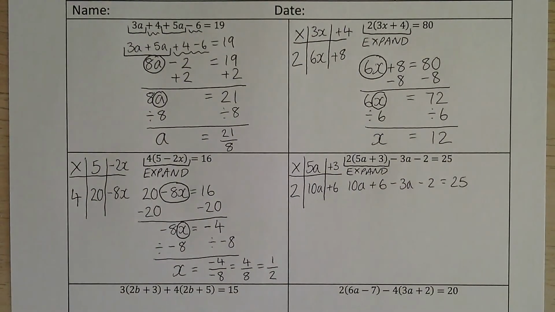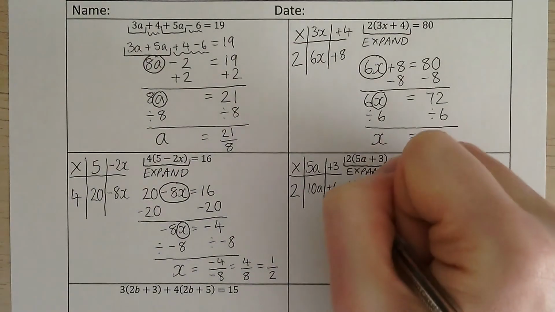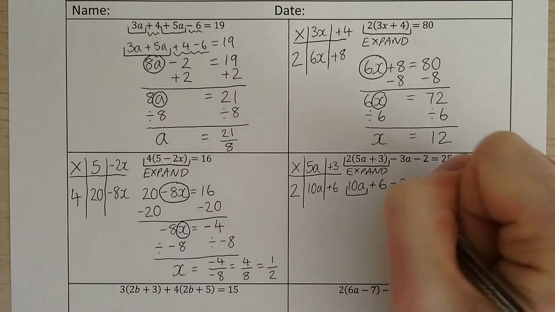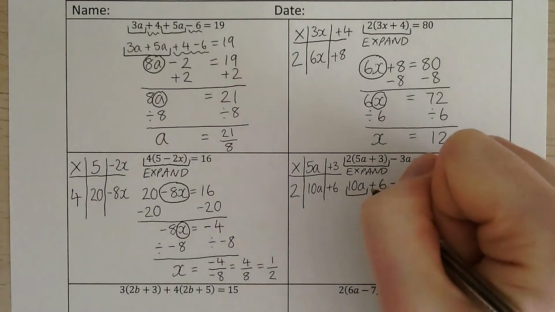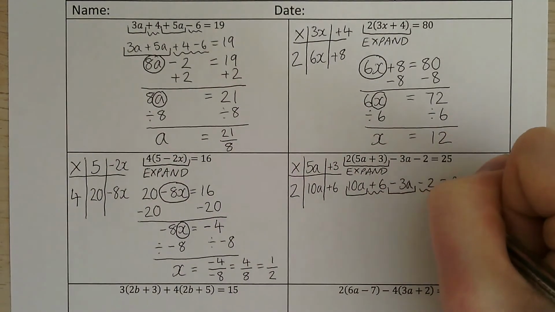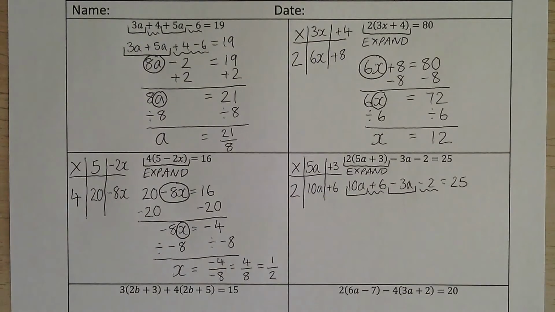I now need to collect like terms on the left hand side of this equation. So 10a and minus 3a can be collected together, and then plus 6 and minus 2 can be collected together.